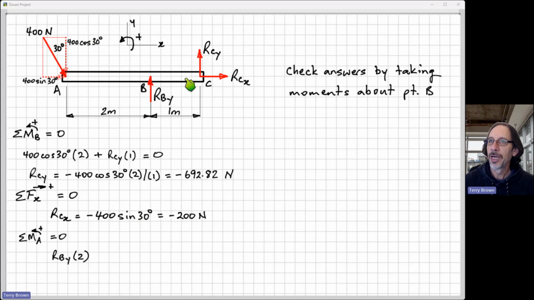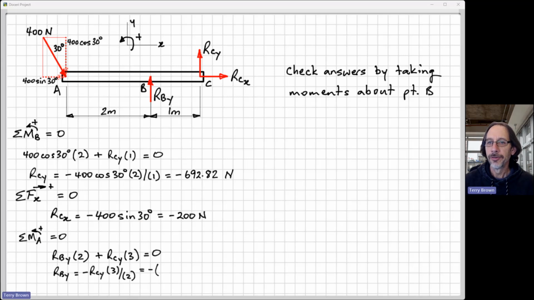And we've also got RCY, our other force that we need to consider, at a perpendicular distance of 3 meters, also tending to cause an anti-clockwise moment about point A. Another positive term, and that's all we have. So put that equal to 0.